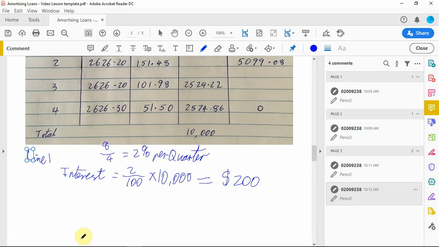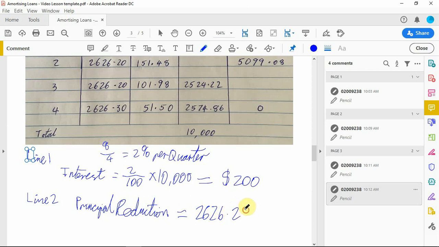So line 2 is the principal reduction, which is how much we pay in our payments, 2,626.20, minus the interest there, or the 151.48.